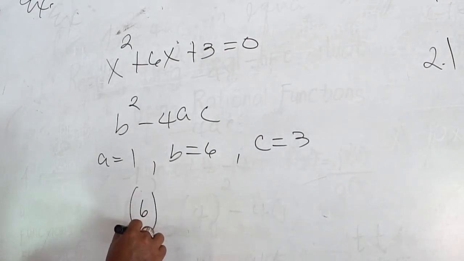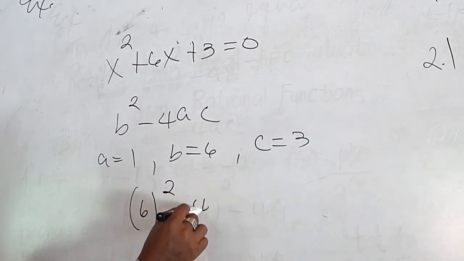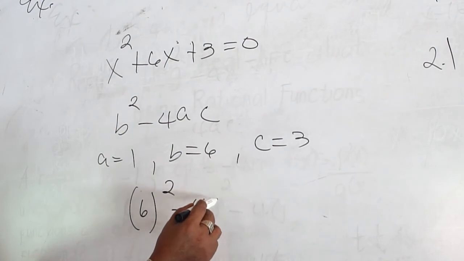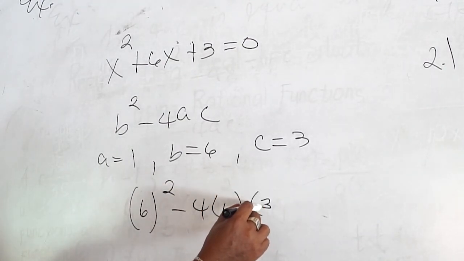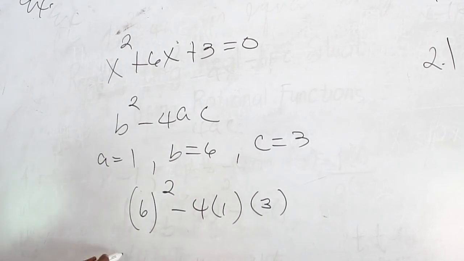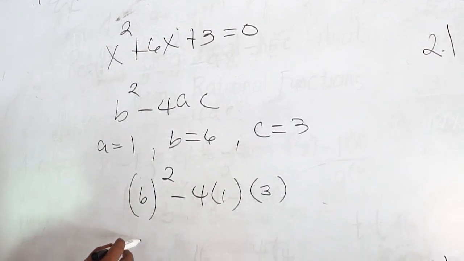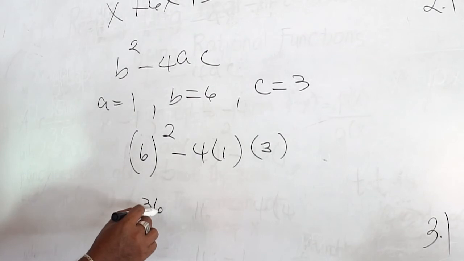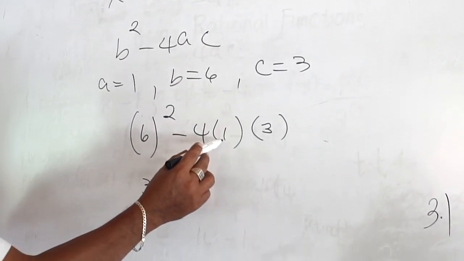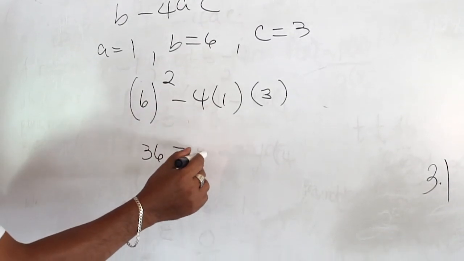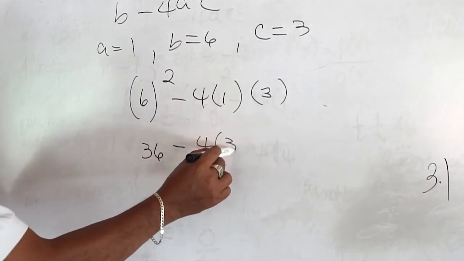We have 6 squared minus 4, then the value of a is 1 and the value of c is 3. Then simplify. The square of 6 is 36. Then 4 times 3 times 1.